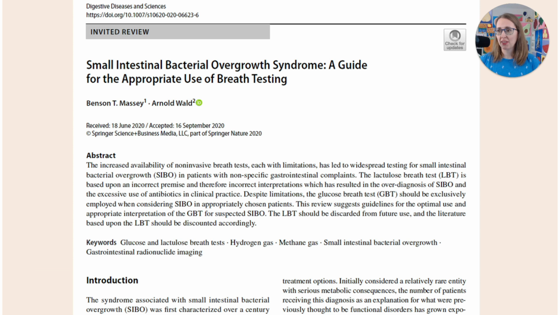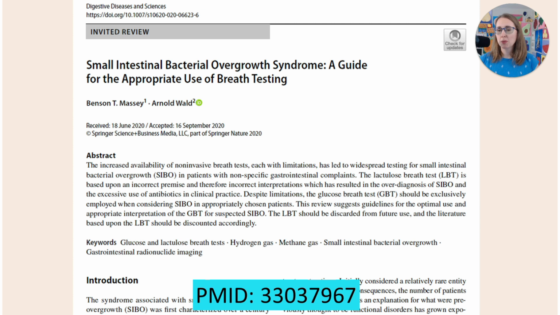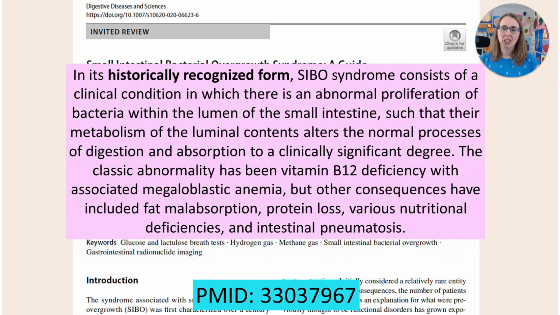So let's look at this paper. I think this is an exceptionally well done paper. That's the PubMed ID if you want to go find it. Small intestinal bacterial overgrowth syndrome, a guide for the appropriate use of breath testing. They said, in its historically recognized form, think old school, SIBO syndrome consists of a clinical condition in which there is an abnormal proliferation of bacteria within the lumen of the small intestine, such that their metabolism of the luminal contents alters the normal processes of digestion and absorption to a clinically significant degree.